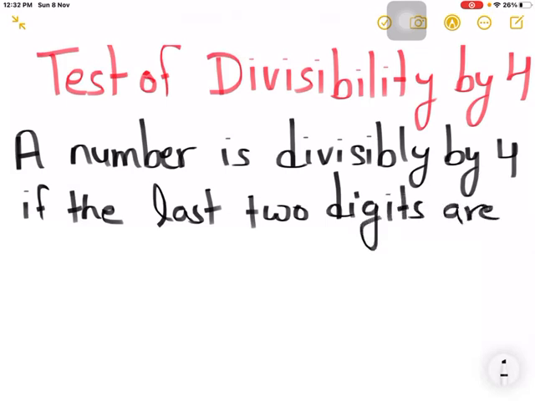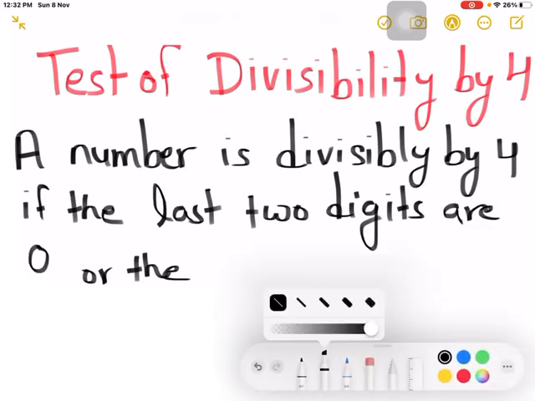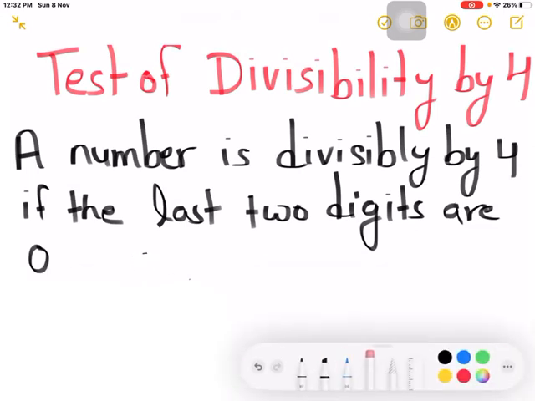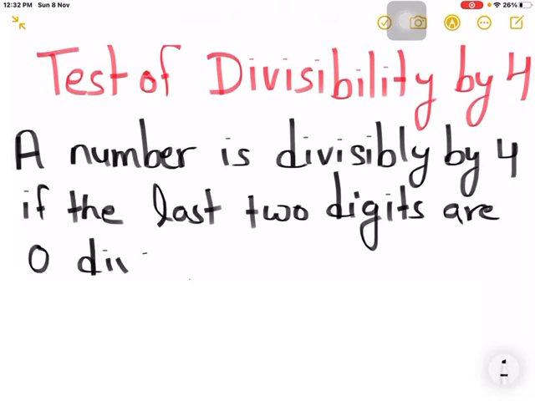are 0 or divisible by 4. For example, let us take any number.